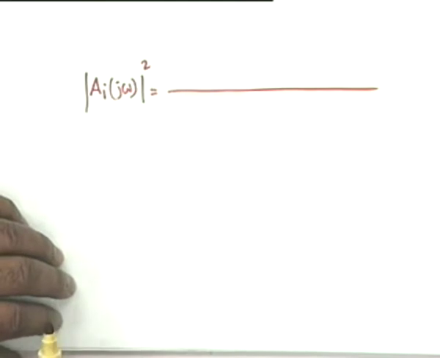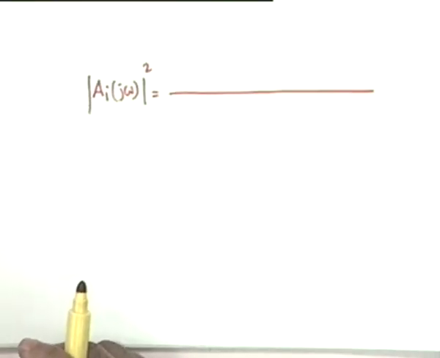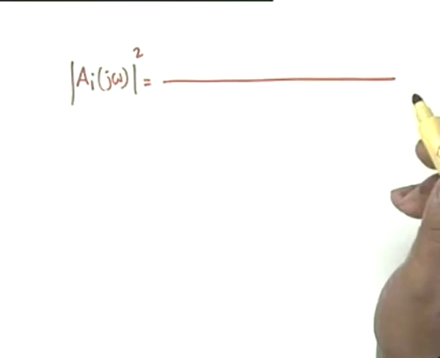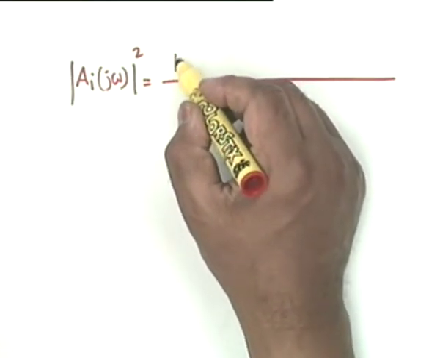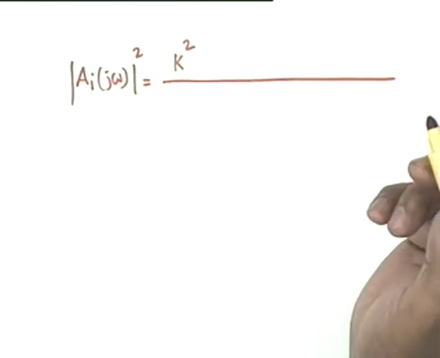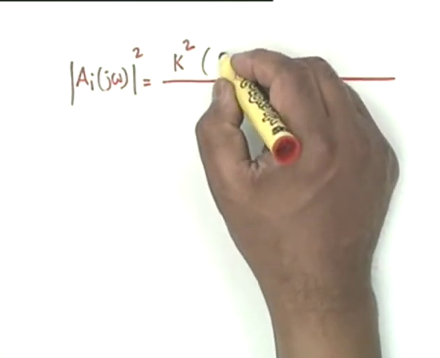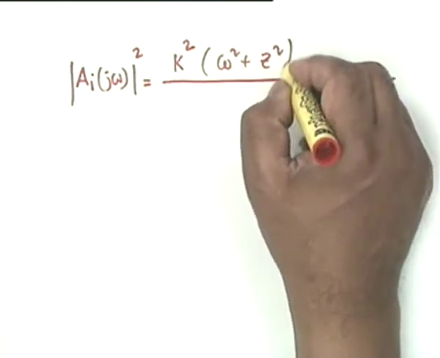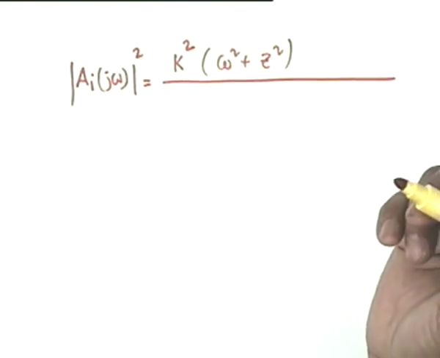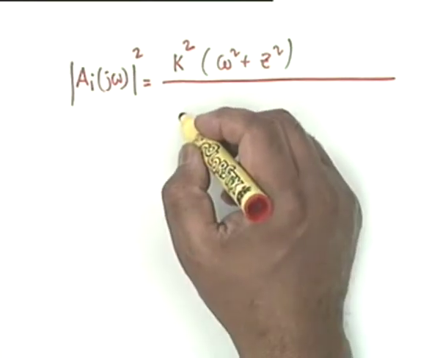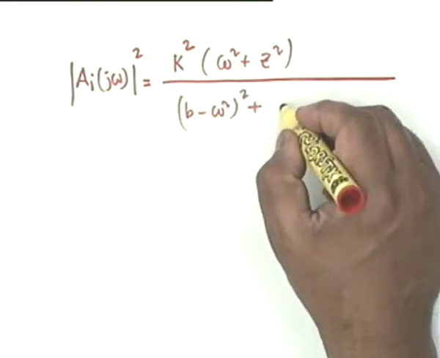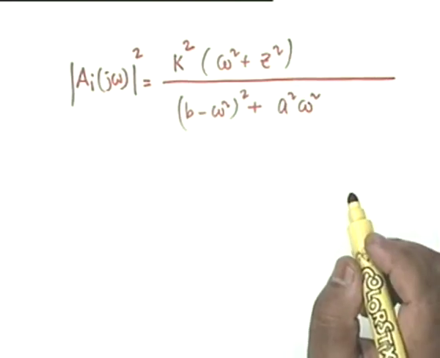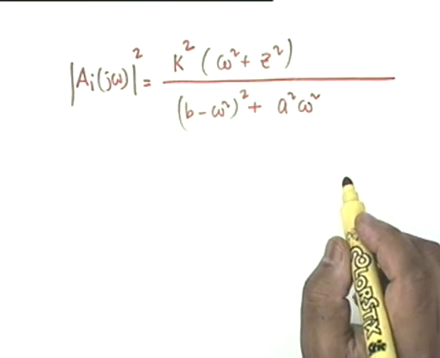I do such things by inspection, that is put S equal to j omega mentally and find out the magnitude squared. Obviously I shall have k squared times omega squared plus z squared, alright, divided by b minus omega squared whole squared plus a squared omega squared. If I have made a mistake, please point out. It's a magnitude squared.